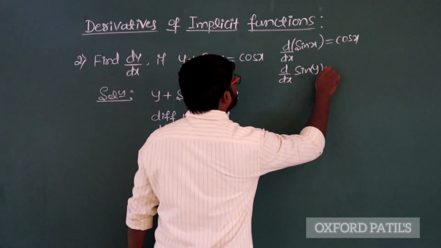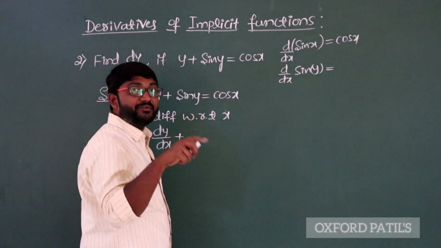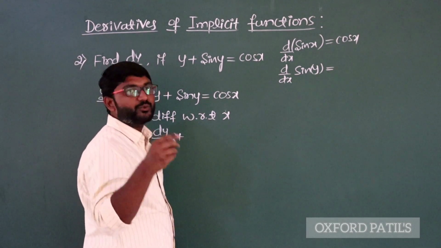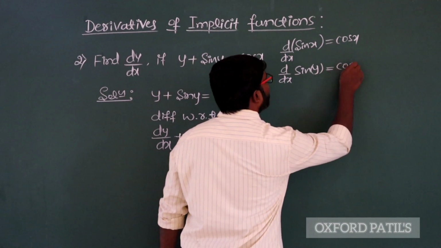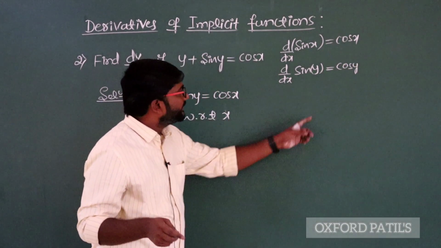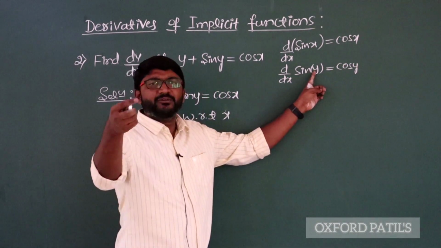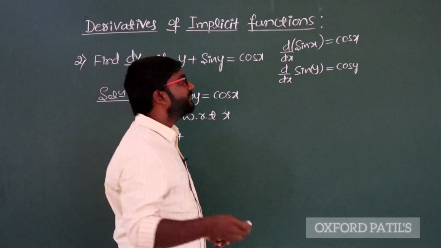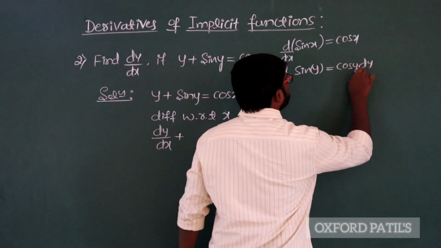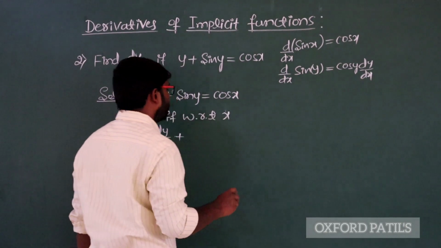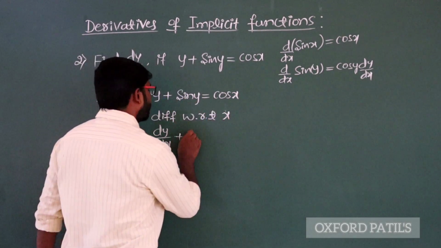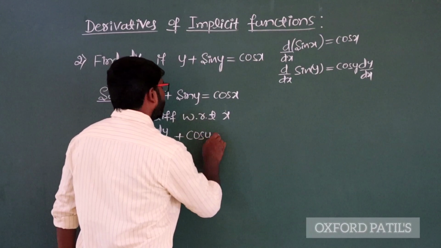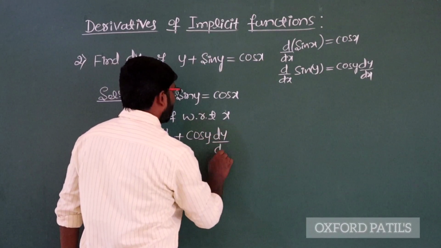So we have to differentiate this by chain rule, considering this as x. Sin y gives cos y. Now we have to differentiate the inside function once again. What is the derivative of y? It will be dy by dx. So that term we will have to write now. The derivative of sin y will be cos y into dy by dx.